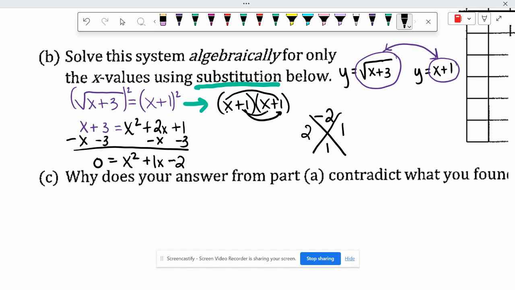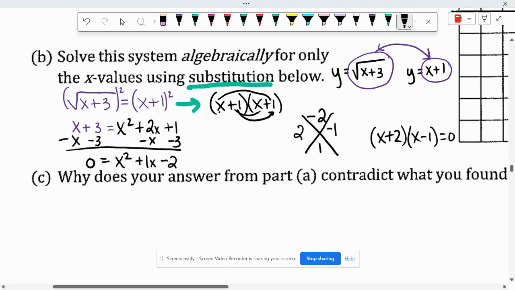One of these needs to be negative. What's the value of A, your leading coefficient? A is 1. When A is 1, the factors that you choose are the factors, so this becomes x plus 2 times x minus 1 equals 0.